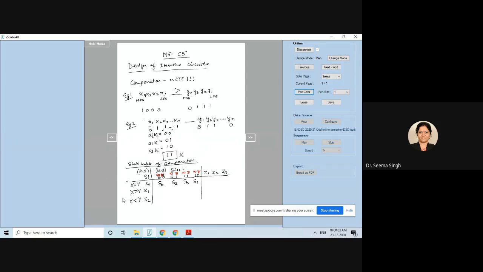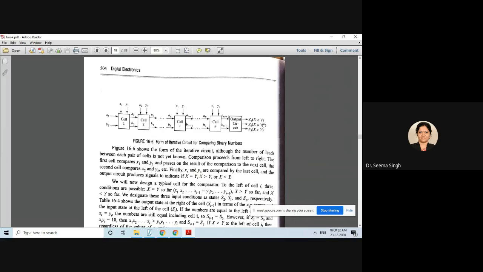In this case, when Z2 will be higher, when Z3 will be higher: you can see that when S0 was equal, then in this diagram Z2 is denoted for x equal to y.